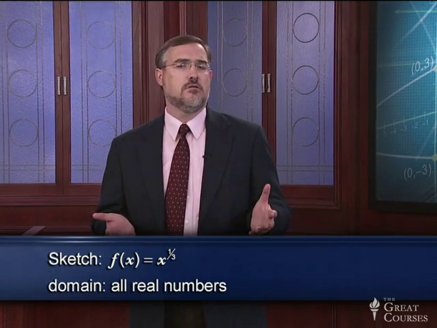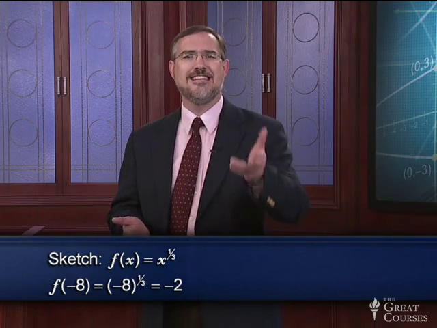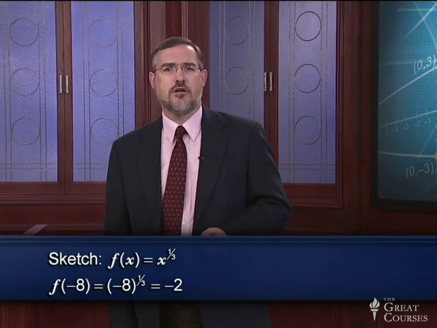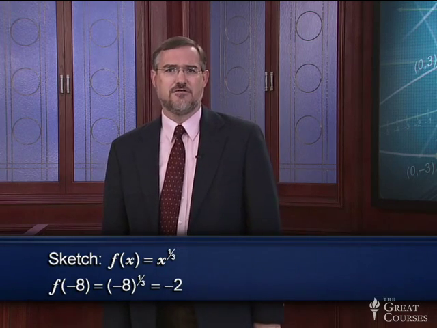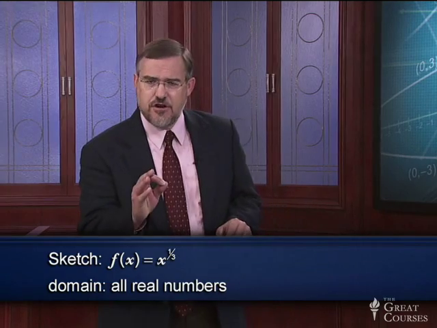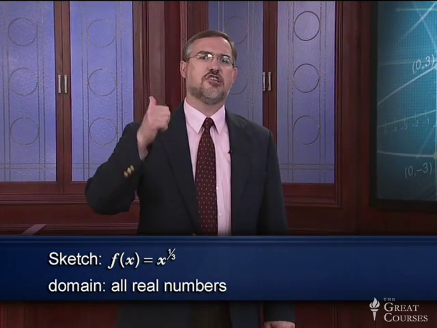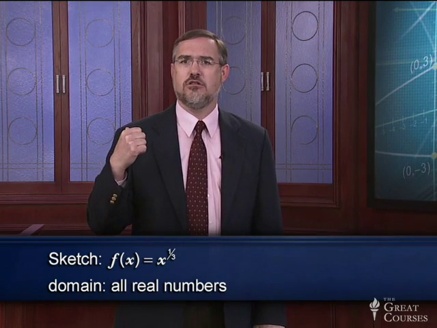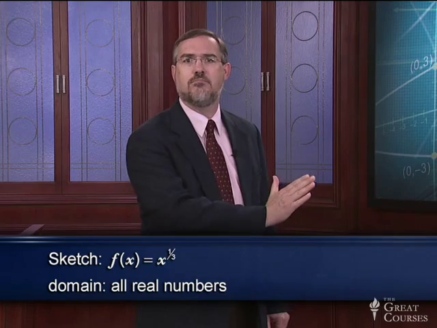So, for example, I can plug -8 into the function, and -8 raised to the 1/3 makes sense. In fact, it just equals -2. So here you have an example where this function's domain is allowed to have negative values, whereas in all the functions I was talking about earlier, the domains had to start at 0 and go to plus infinity.